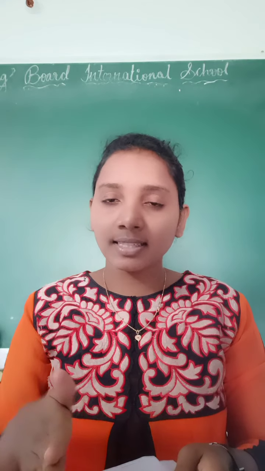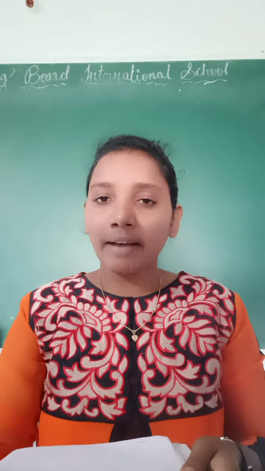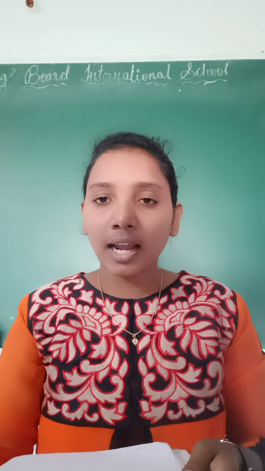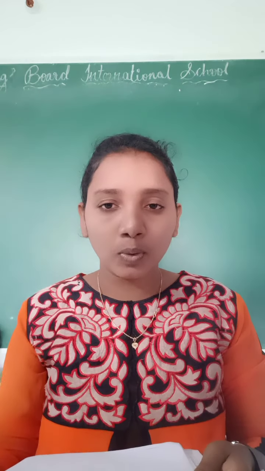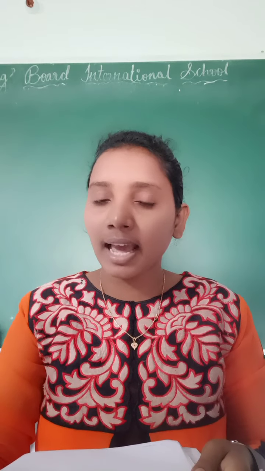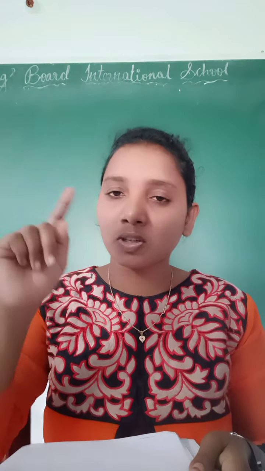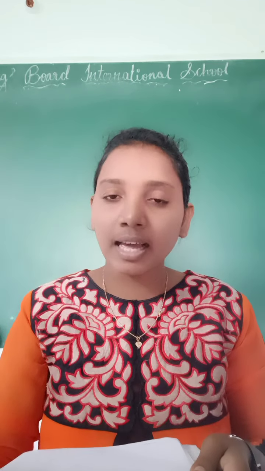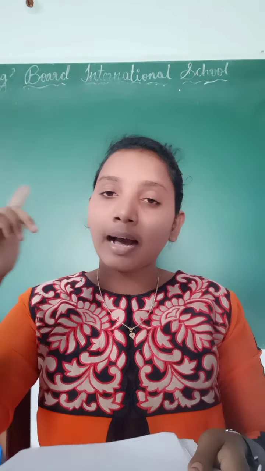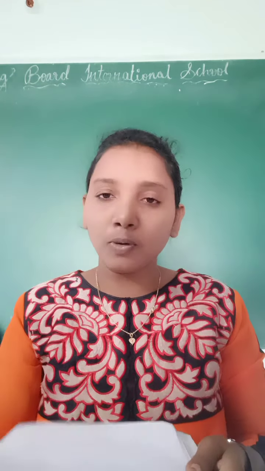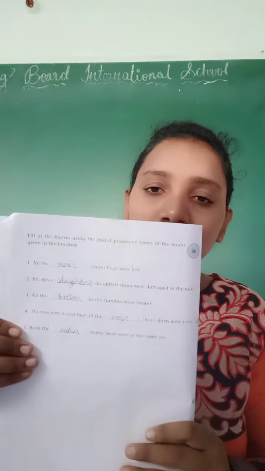In these blanks, in the brackets they have given the singular nouns, children. We have to convert them into plural and write them as possessive nouns. Possessive nouns means we should keep apostrophe S if it is singular and we have to keep S apostrophe if it is plural. Complete this homework, children.